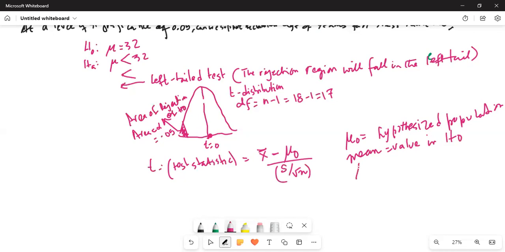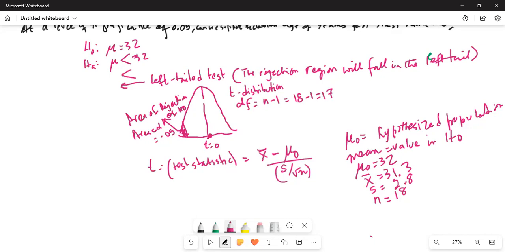So mu 0 is equal to 32. We know x-bar is equal to 31.3, s is equal to 2.8, n is equal to 18. Okay, so let's do our calculation of the test statistic.